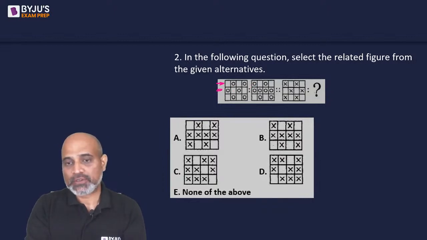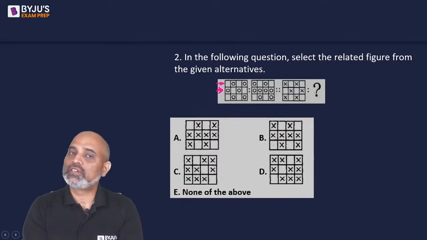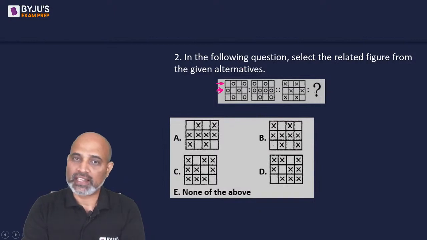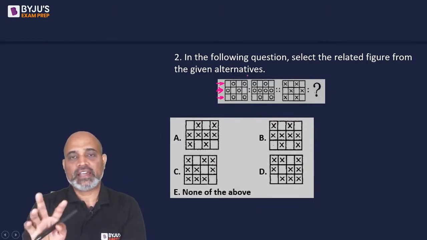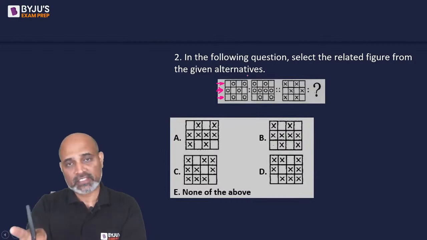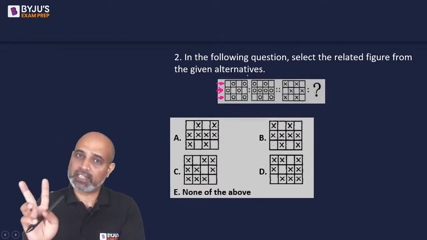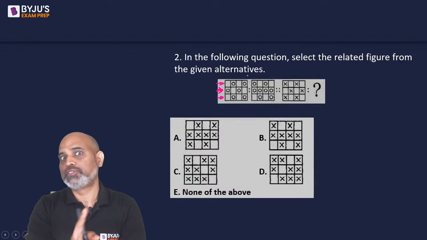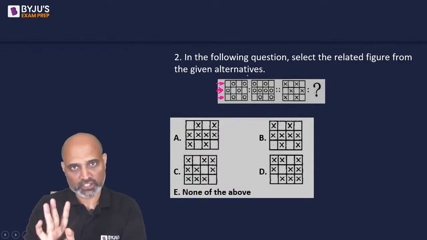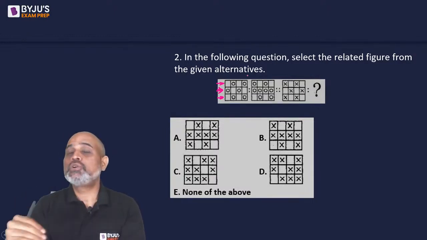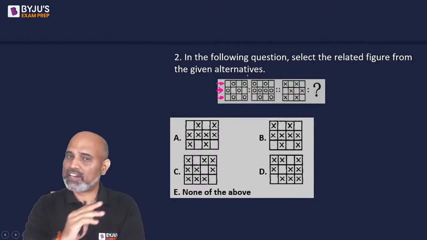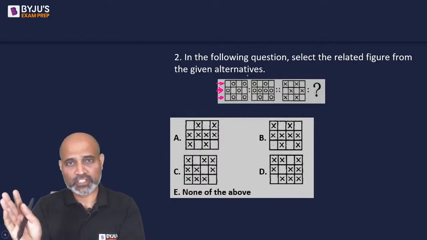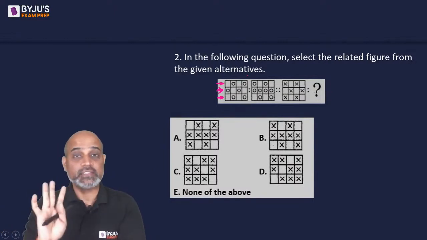While in the second row, all the cells, all the squares, have circles, and in the last one, the circles that were present in the cells continue to remain the same, and the cells which did not have circles stayed as such, right? So each row is different. In the first one there is an interchange, in the second one everything becomes the same symbol, and the last one it stays the same.